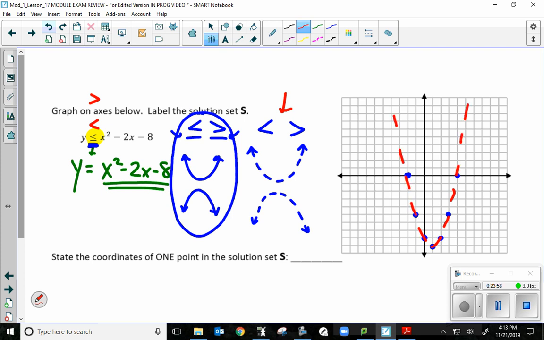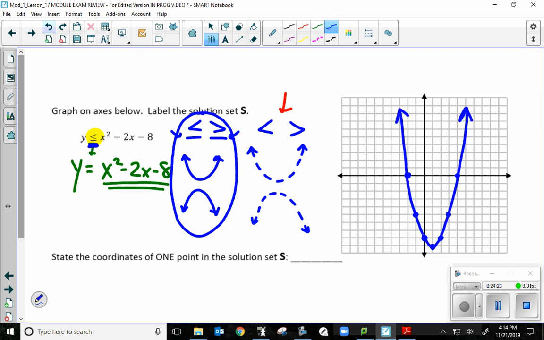You see what I'm saying? That's the difference. That's how I know just by looking at the graph which set of signs my inequality should have. So let's go back here and do this the right way. So my graph should look something like this.